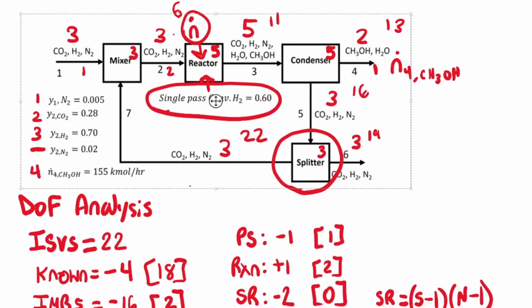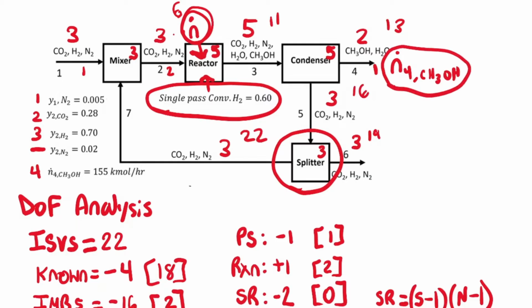I'd like to have an N dot for my reactor so I can get moving forward and actually utilize all the other information I have. But the only issue is I've got an N dot for my methanol. And this is where we get to do something different.